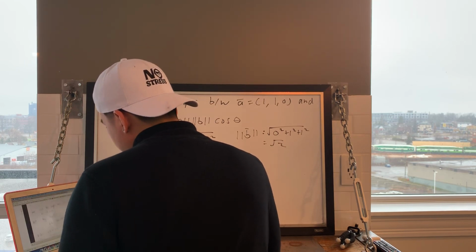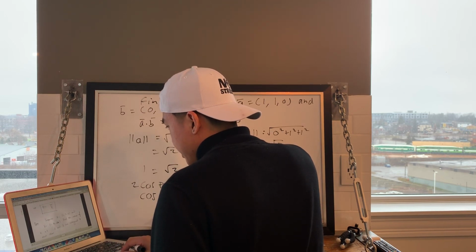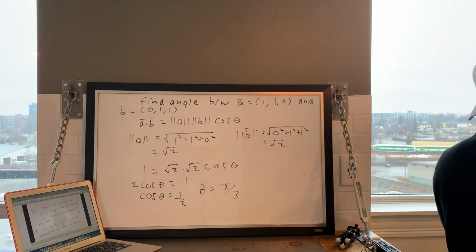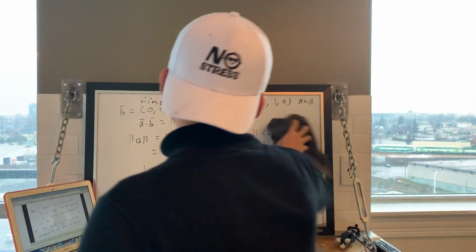So that basically sums up the notes in essence. We're going to do one more example for the road where you have two vectors, and you have to solve for an unknown within the vector.